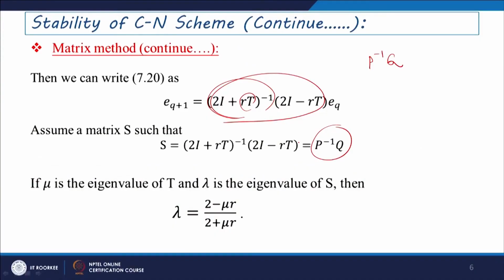Suppose mu is the eigenvalue of T and lambda is the eigenvalue of S here. Then the relationship between T and S can be written as lambda equals (2 minus mu R) by (2 plus mu R).